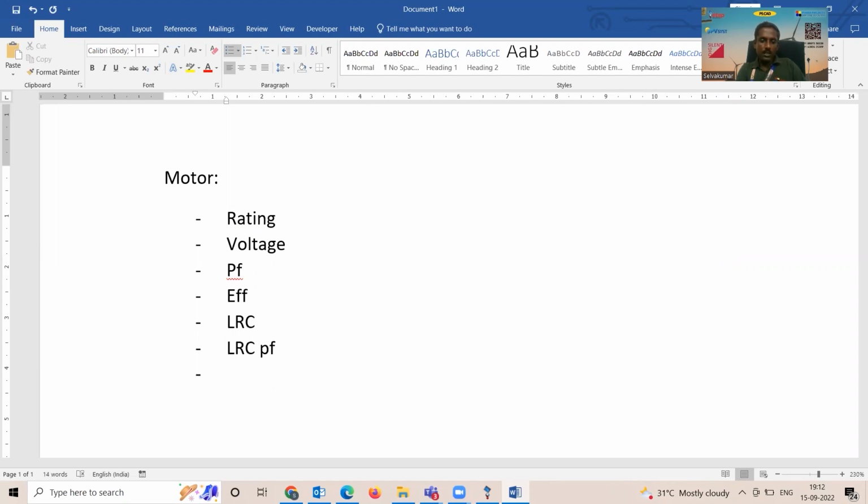We need to ask what the starting time of the motor at 100% voltage is. Minimum possible percentage voltage, I am giving straight away 80. It does not necessarily have to be 80, it could be 75, 70, 85, or 90. What's the minimum voltage at which the motor starts? That's the starting time. And of course, what's the maximum permissible voltage which is allowed? So, motor starting time.